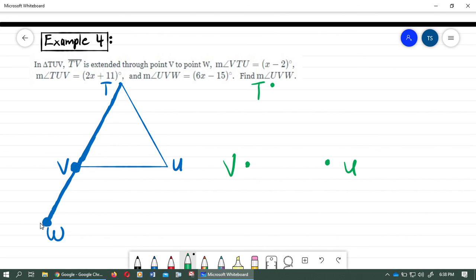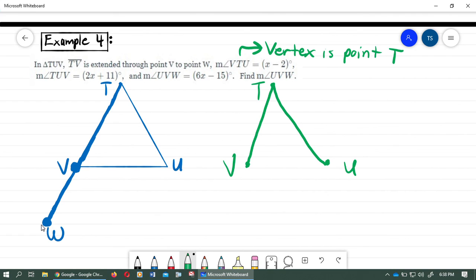The only angle that follows along those three vertices, literally follow those three. If I go from point V to point T to point U, there's only one angle, and that angle VTU has the vertex at point T.